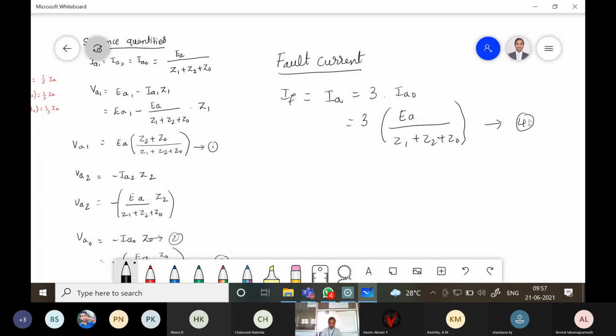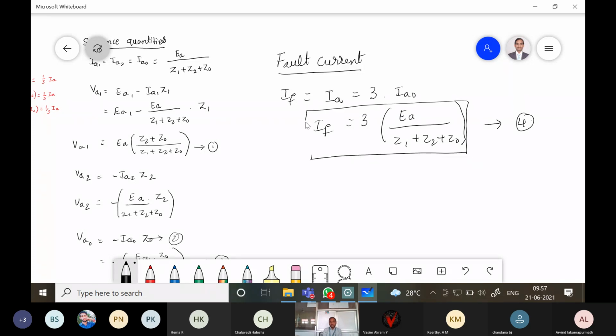Equation number 4. In the above derivation we have the neutral grounded. For that case we got the fault current like this. This is the fault current.